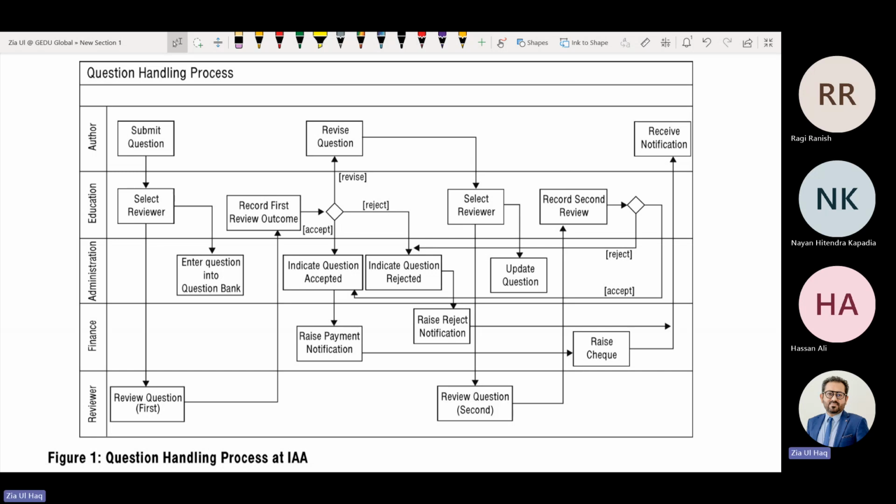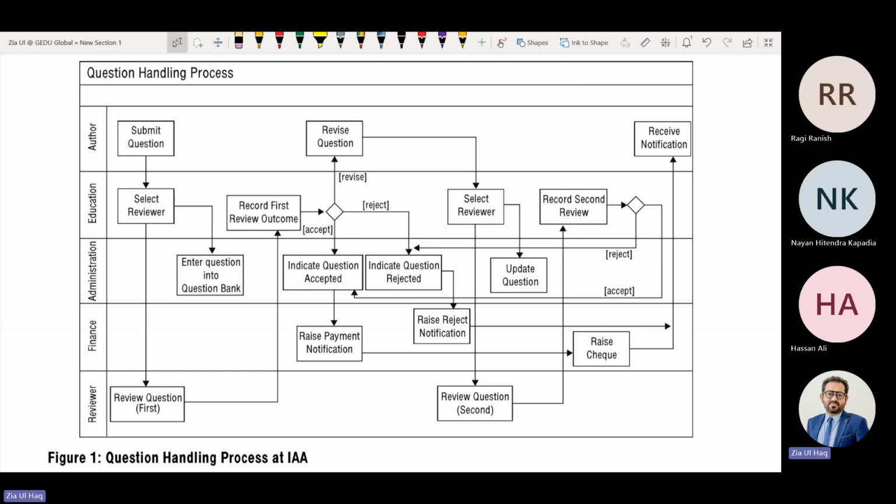And after that, if it is going to be revised, the author again submits the question to education after revision. Education selects a reviewer. Now the second review outcome, the reviewer sends to education. There are two options. We don't know what's going on after that. It's too complex to understand.